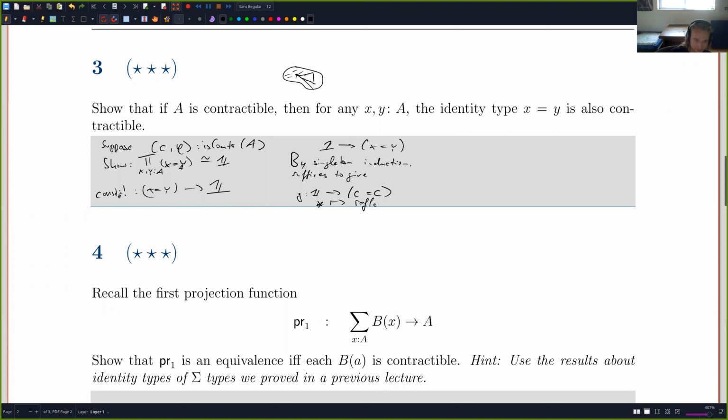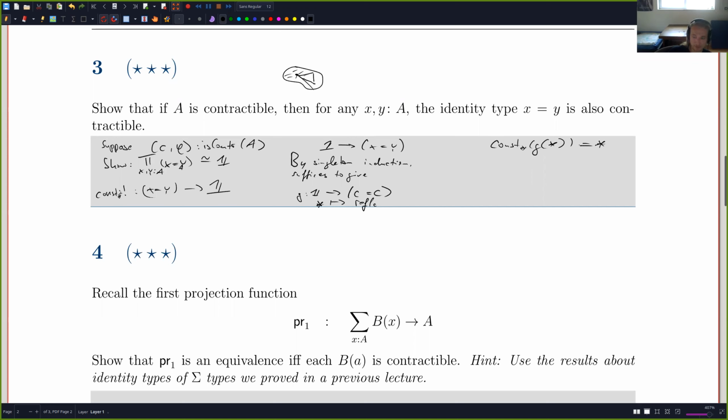And we know that const star of G of star is equal to star.